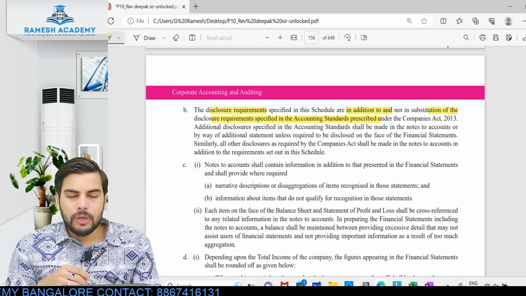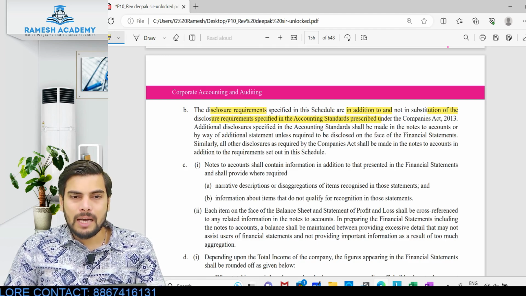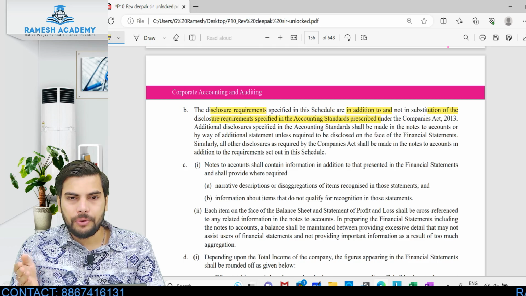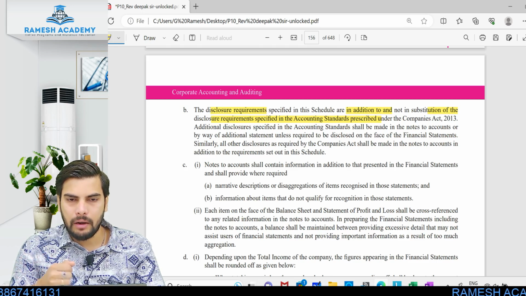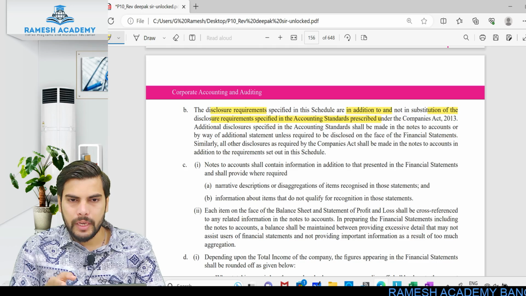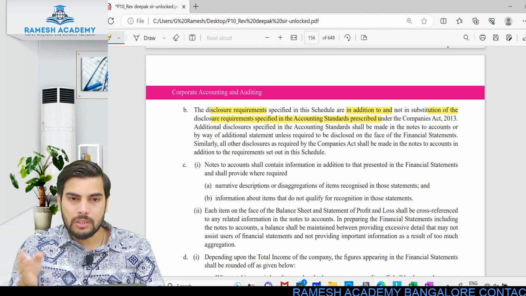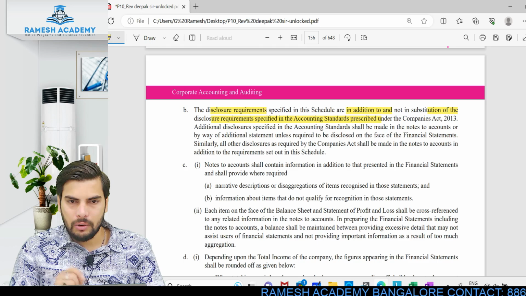In this particular schedule 3 there will be certain disclosure requirement. So these are just the additional disclosure. You cannot substitute these disclosures with the disclosure mentioned in the accounting standard. Now you cannot say that I have followed the disclosure as per schedule 3, I will not be making the disclosure as per accounting standard. No, these are just additional disclosure and not substituting the disclosure mentioned in the accounting standard.